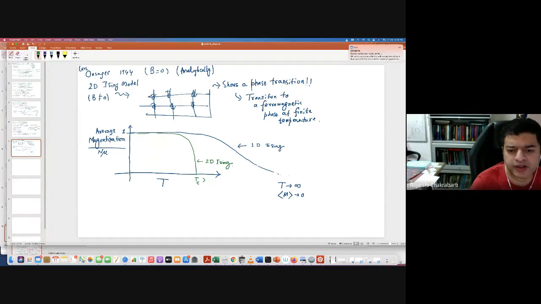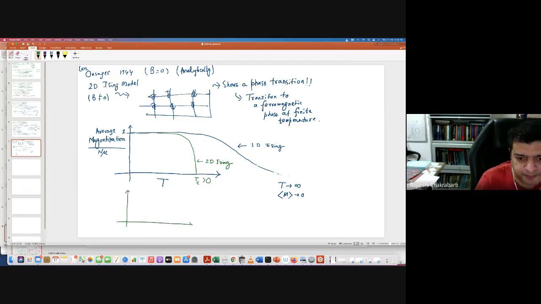I hope I have not done anything wrong. So basically your Tc, actually this curve is not correct. I'll tell you. The 2D Ising model is fine. But in the 1D Ising model, what I had here, I had this. If I plot as a function of beta, what is the plot?